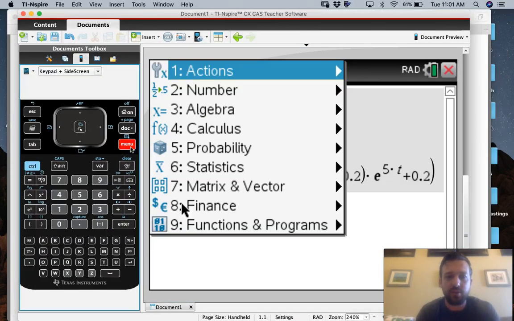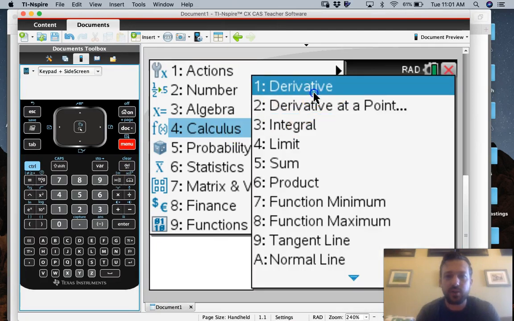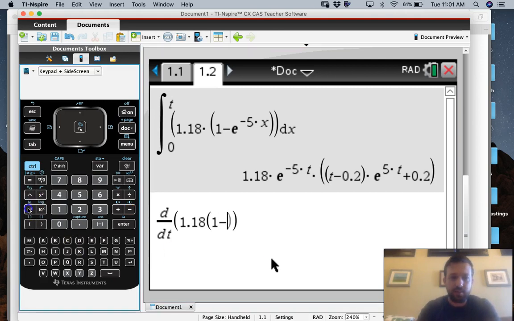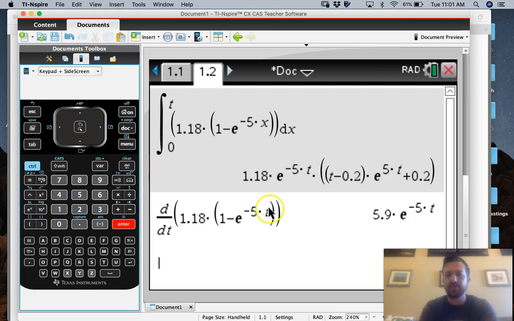So menu, calculus, derivative, x, or I'm sorry, t. It is going to be 1.18 times 1 minus e. Remember to use that e, negative 5t. So there is my acceleration. So we're just going to do this times 12.